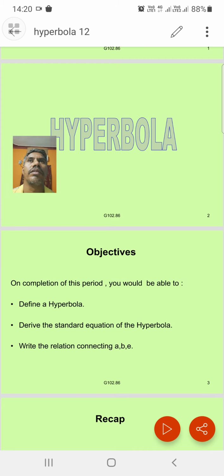If the equations are given, we know how to find its elements. If elements are given, we know how to find the equation.